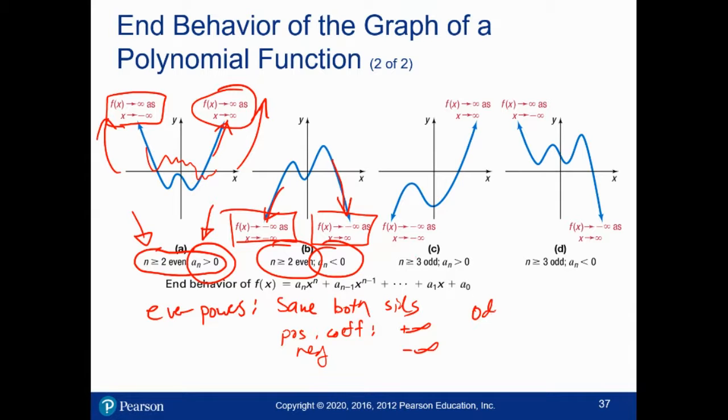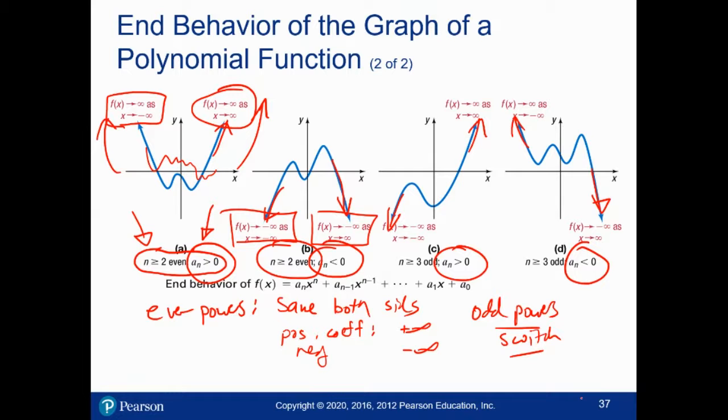Odd powers switch. So either you go to negative infinity and then positive infinity, and that's what happens for a positive coefficient. Negative to the left, positive to the right. But with a negative coefficient, it's reversed. Positive to the left, negative to the right.